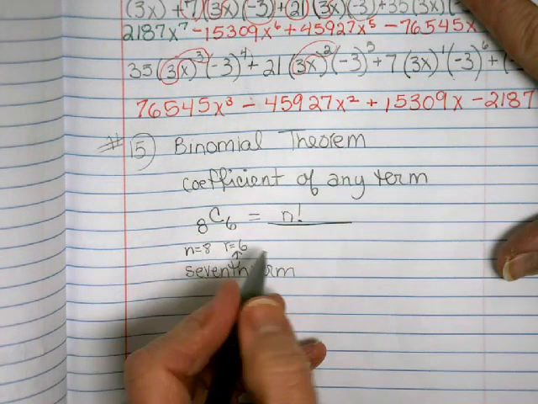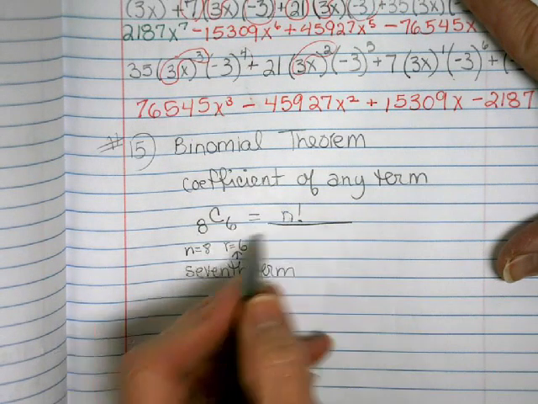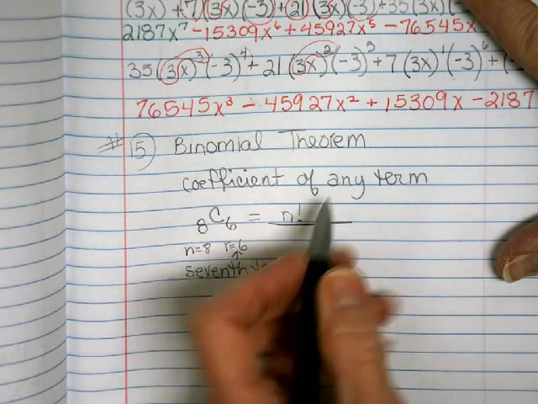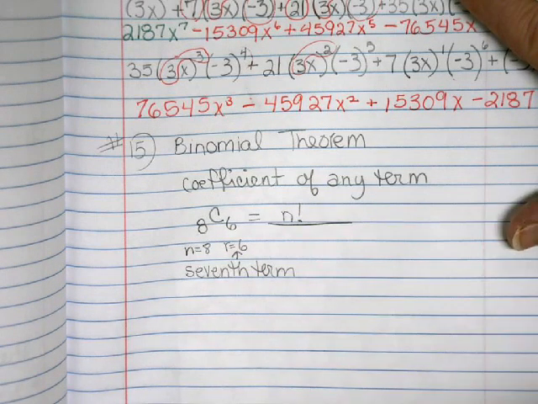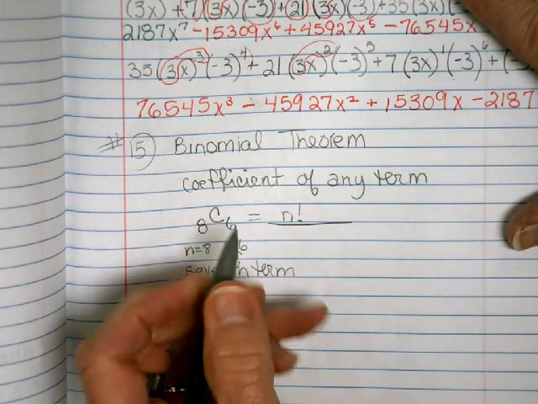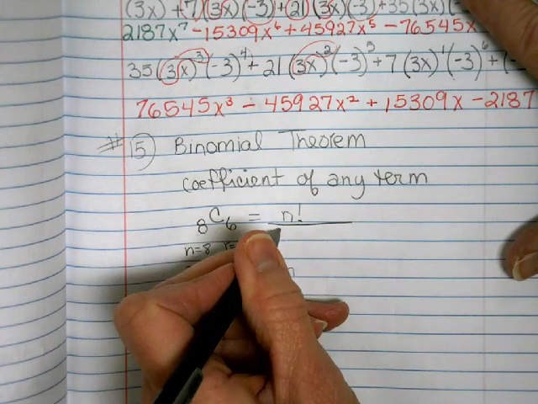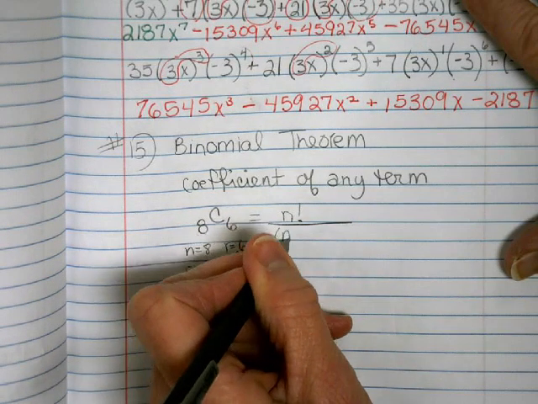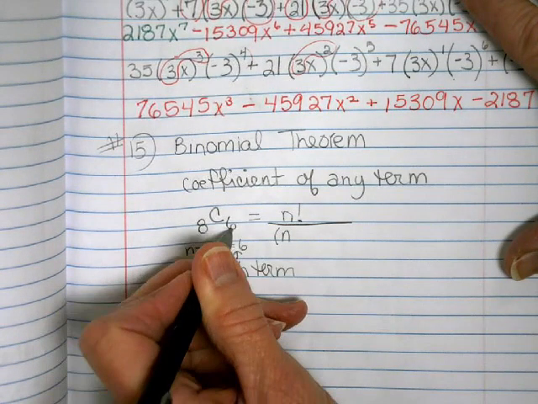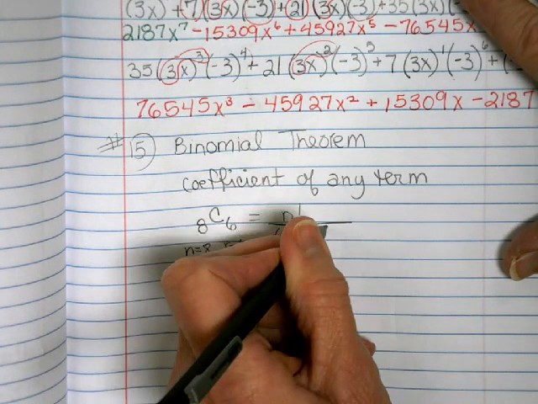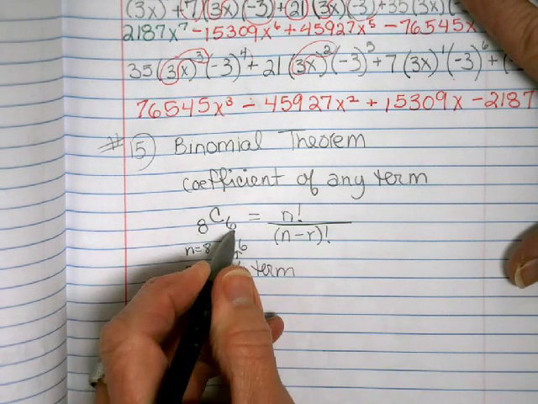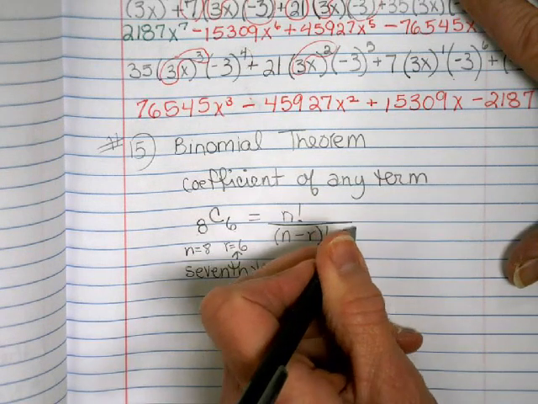Then you can find the coefficient by taking 8 factorial. That means 8 times 7 times 6 times 5 times 4 times 3 times 2 times 1. That's what factorial means. And then I take the difference between my power and my r, factorial, and then times my r factorial.